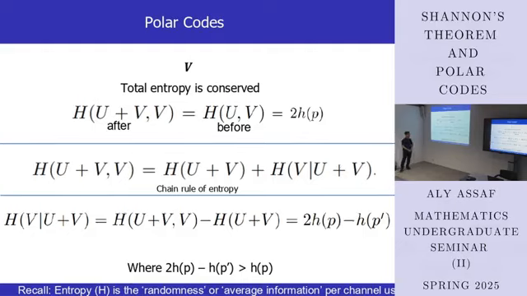It's because, if you imagine, I did not plot it, but the function for entropy is minus P log P minus 1 minus P log 1 minus P. Basically, the entropy goes like this.